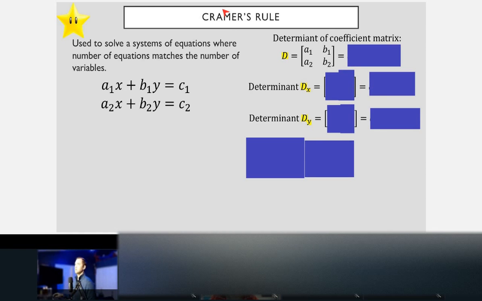Your order was just different from the original formula. Remember, it's top left times bottom right minus top right times bottom left. Obviously, if you switch these two, it's the same thing, but this is the standard formula: top left times bottom right minus top right times bottom left.